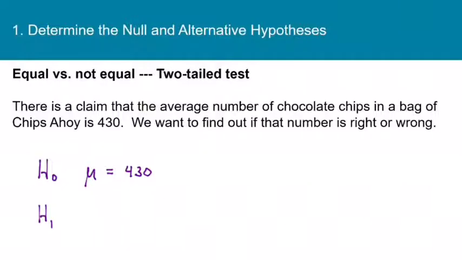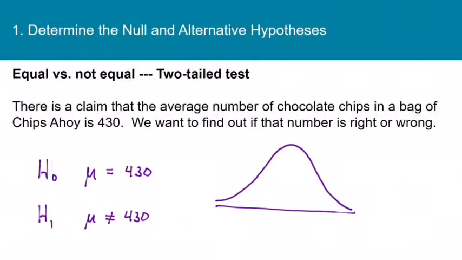So the symbol we need to use is the not equal to. So the alternative hypothesis will be that mu is not equal to 430. Now, when we do the test in the next section and we draw our diagram, since we want to know about the probability that it's either less or more, we will have both tails shaded.